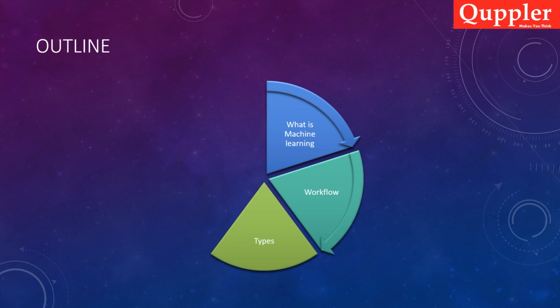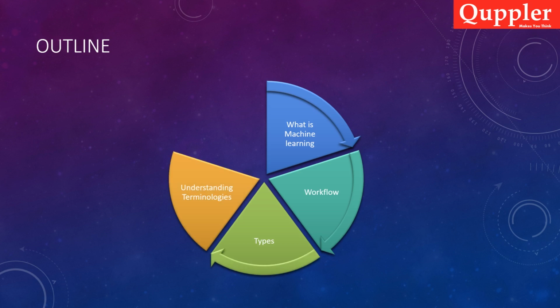Next, we're going to see the types of machine learning, where we'll see how many types machine learning can be differentiated into and what the different algorithms associated with each classification are. Next would be knowing about the terminologies associated with the types, how to understand how many types there are and what the use of it is.